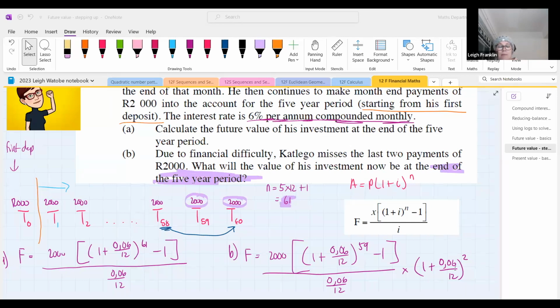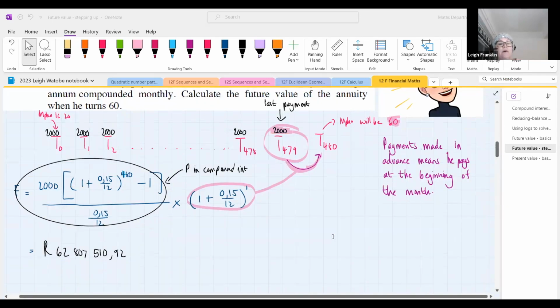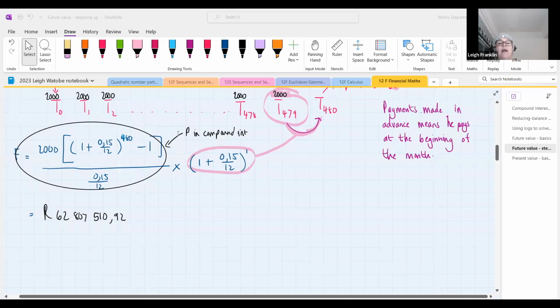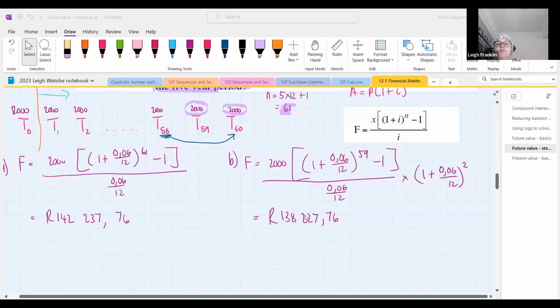So when the regular payments stop, we can't use the future value formula anymore. We've got to use compound interest. So that's why we multiplied by the bracket. It's like we saw before with this question over here, where our future value became our P in compound interest. So the same thing happened over here.